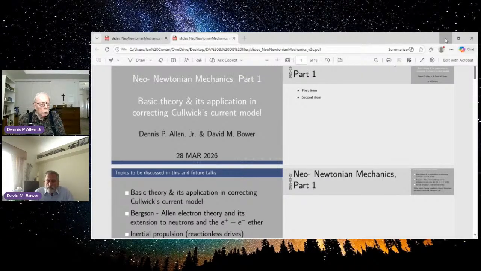Well, the key to my thinking is variable inertial mass. We know from relativity that mass does vary, although there are alternative ways of looking at it, and the mass is a function of the acceleration.